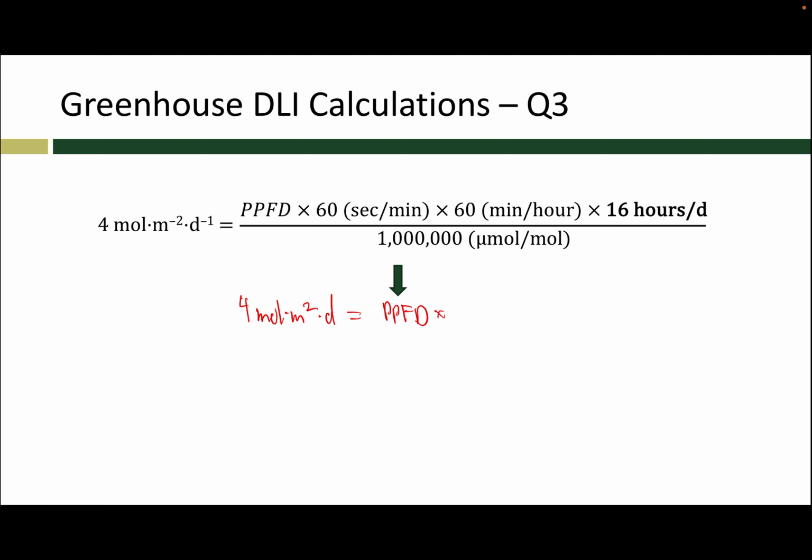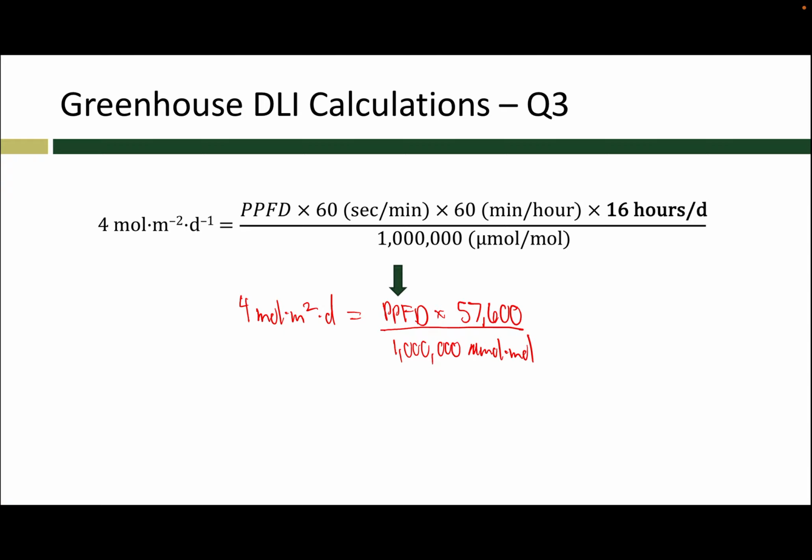And so we can go ahead and do this multiplication now so that we can start working through the remainder of the question. And so in this case, 60 times 60 times 16, that is going to give us 57,600. And so what you're going to see that we need to do at this stage of the problem, and we've got our 1 million micromoles per mole here on the bottom.